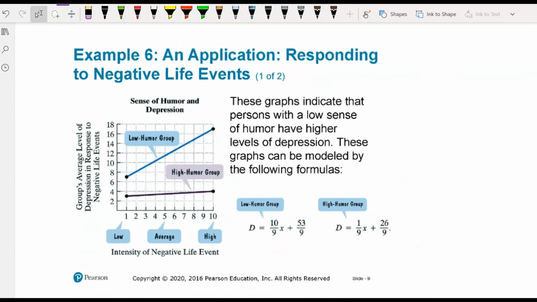All right, looking at applications. It says these graphs indicate that persons with a low sense of humor have higher levels of depression, and these graphs can be modeled by the following formulas. So we have the low humor group and the high humor group, with the group's average level of depression in response to negative life events.